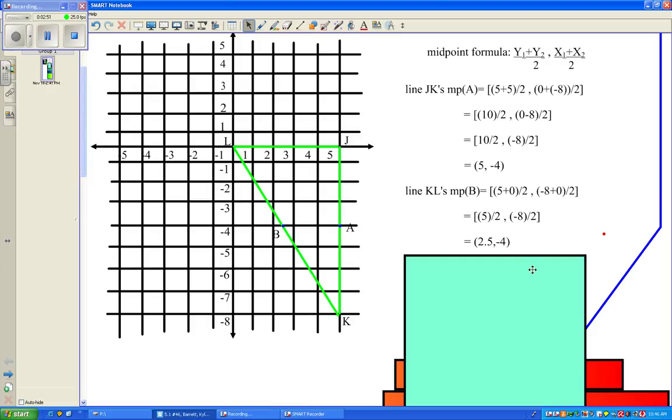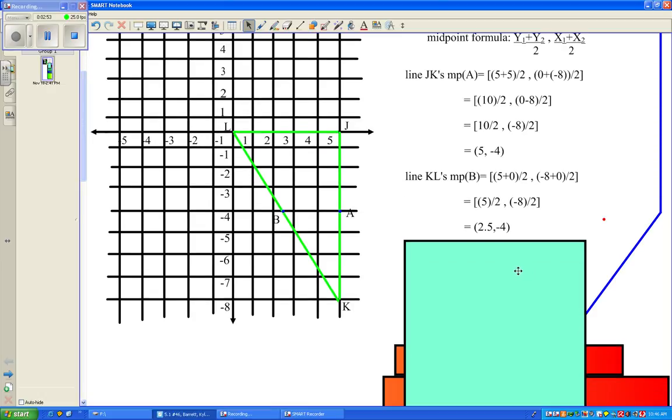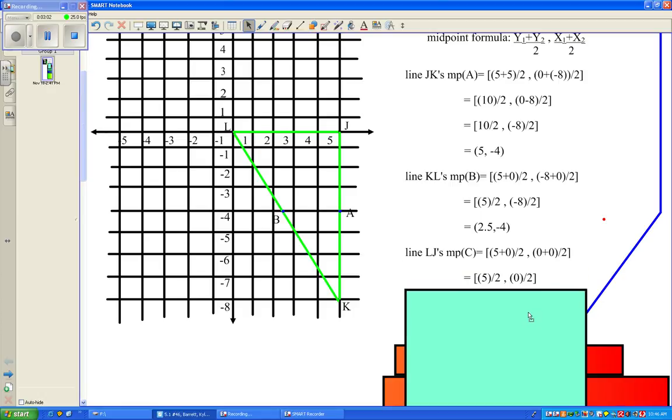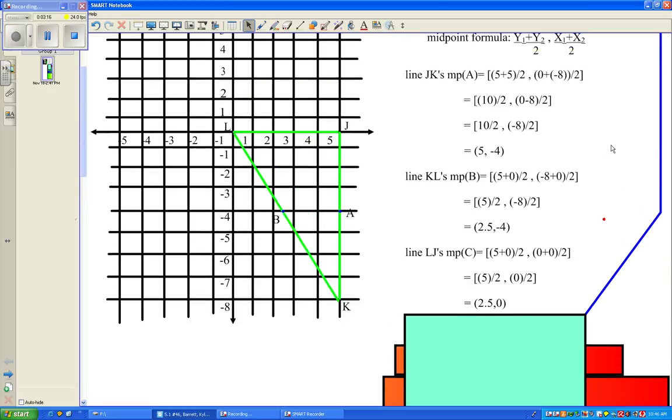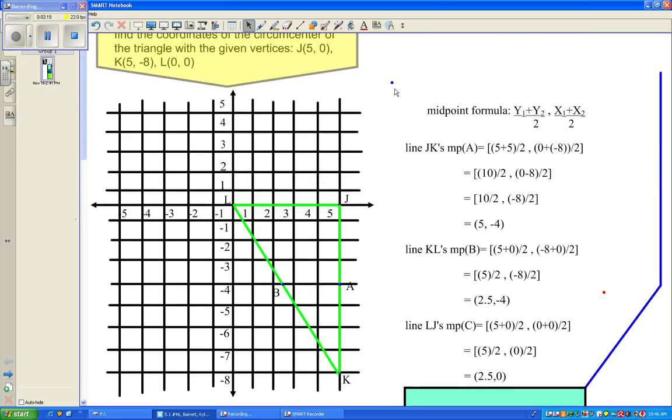So there it is. Now lastly, we're going to do line LJ's midpoint, C. That's 5 plus 0 divided by 2 and 0 plus 0 divided by 2. And we simplified that, which equals 5 divided by 2 and 0 divided by 2. So that comes out to be (2.5, 0). And when you graph that, that's going to look like that.